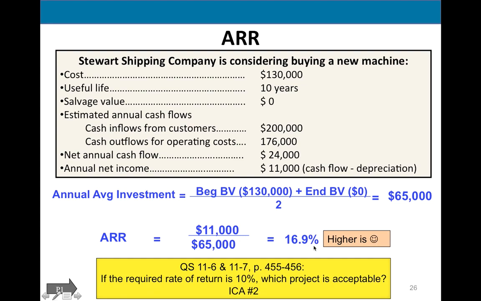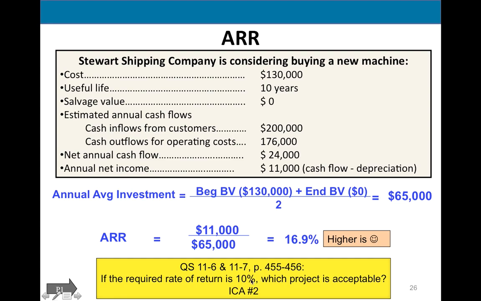So is it good or is it bad? Usually the business will have a required rate of return. It will be given to you. The required rate of return is usually the cost of capital, right? So the business has all these different loans, and what's the average interest the business is paying on these loans? Let's say it's 10%.